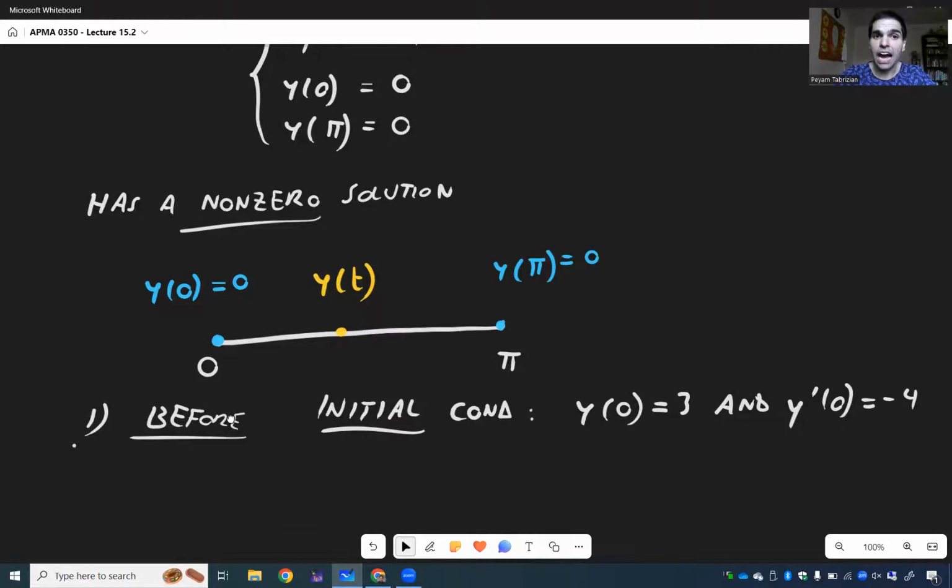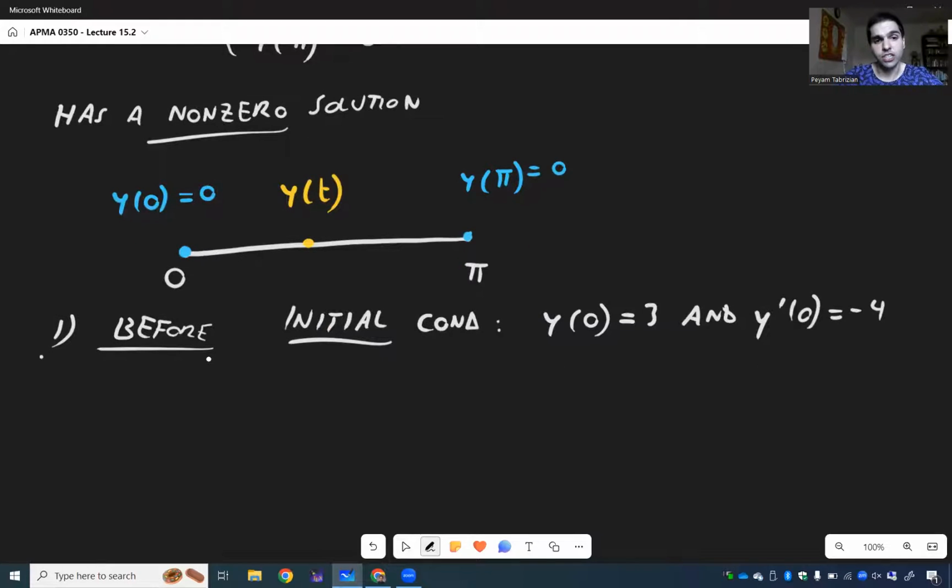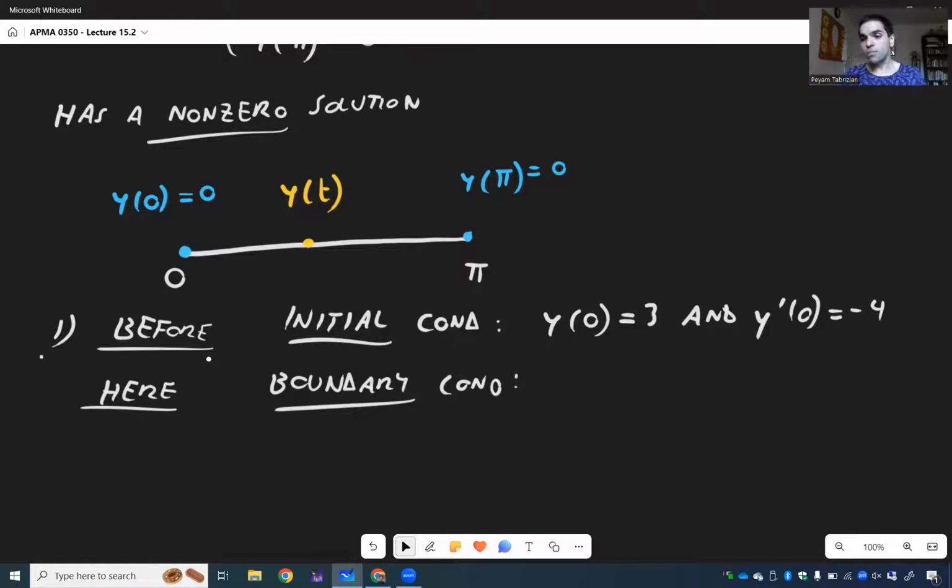But here what we have is what's called a boundary condition, where we specify the values of your function at the endpoints of your interval. So y of 0 equals 0, and this time not the derivative, but the value at a different point equals 0. That's one thing.